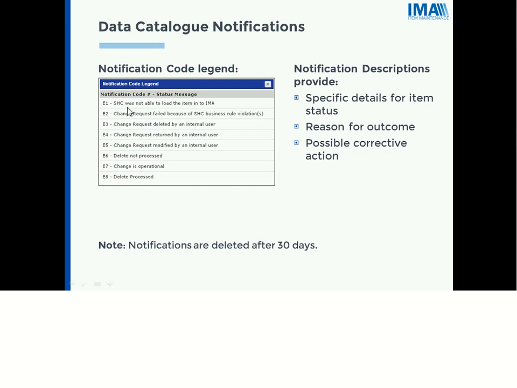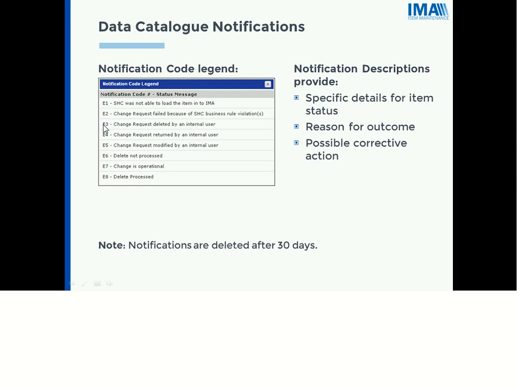And I believe this notification code gives you information. Like I know E2 through E5, I'm sorry, I was getting tongue-tied, is all about change requests. I think E7 is as well. So if you submit a change request and you try to sync it over, but there's an error with one of our rules in IMA, you would get E2 for your code.